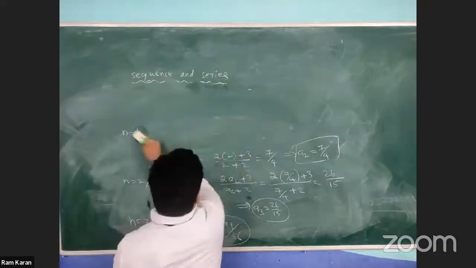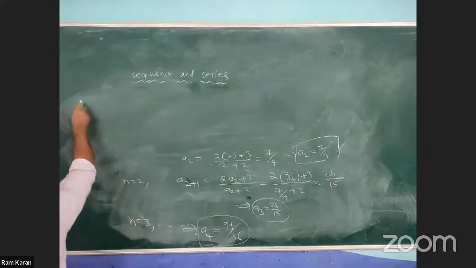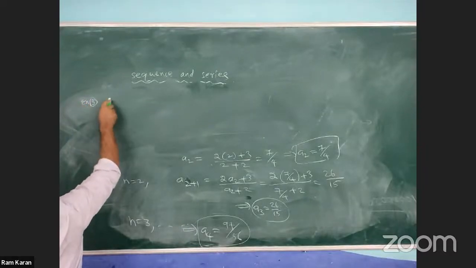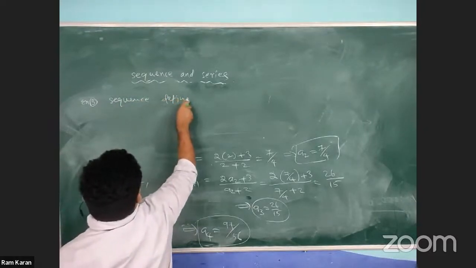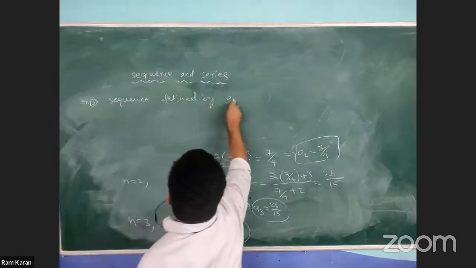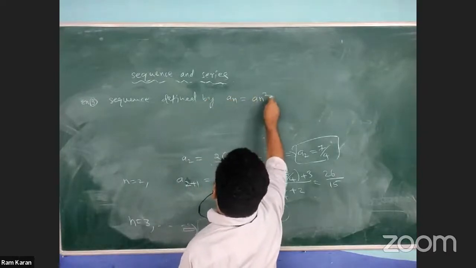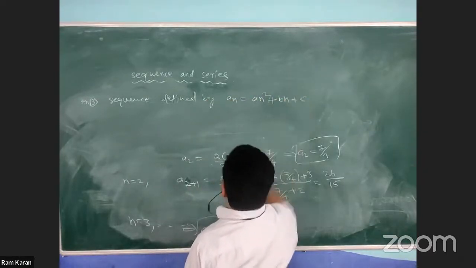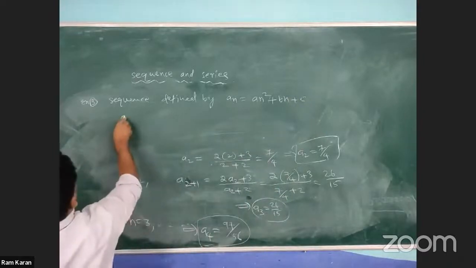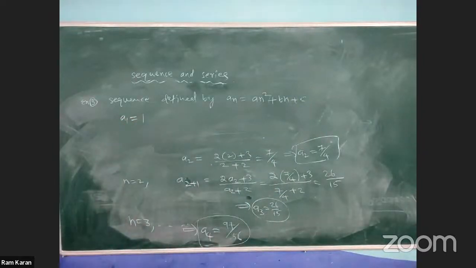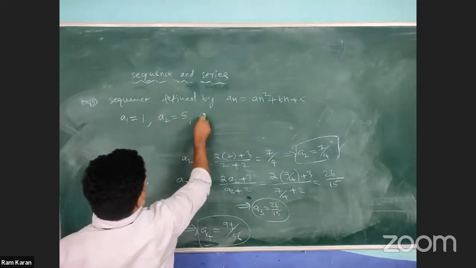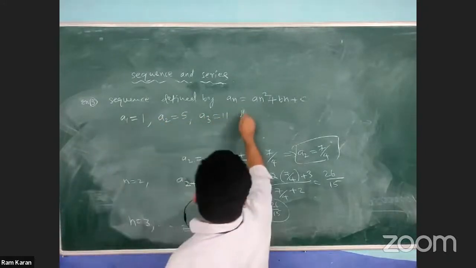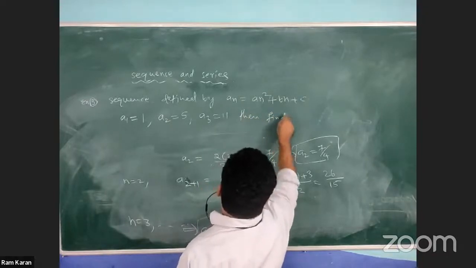Example 3: a sequence defined by a_n equals a n square plus b n plus c. a_1 is equal to 1, a_2 equals 5, a_3 is equal to 11. Then find a_10.